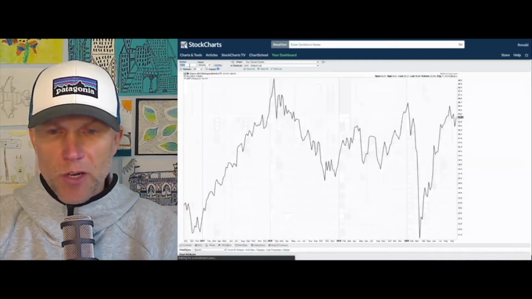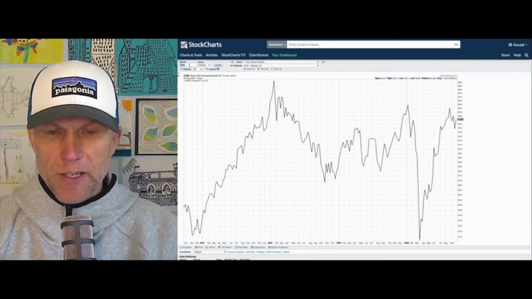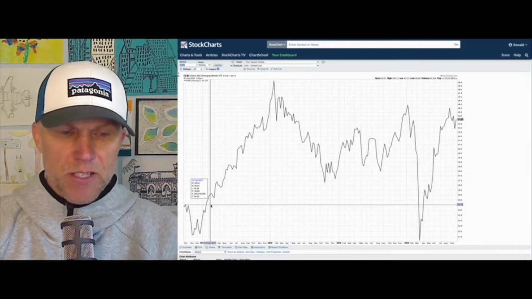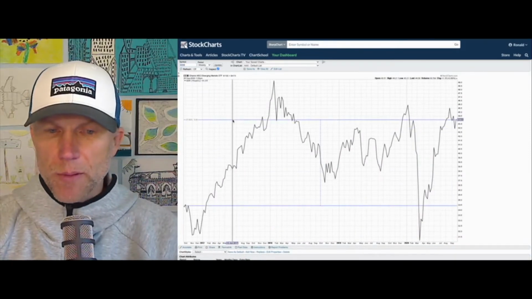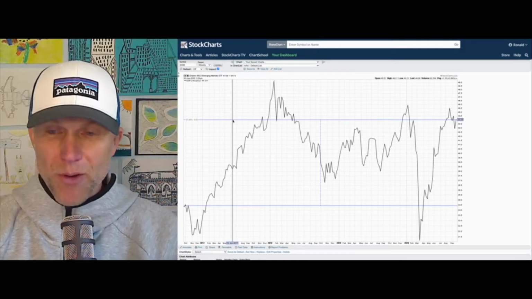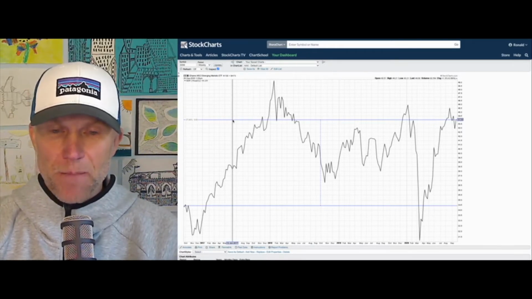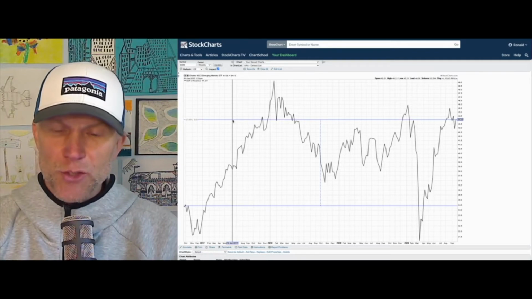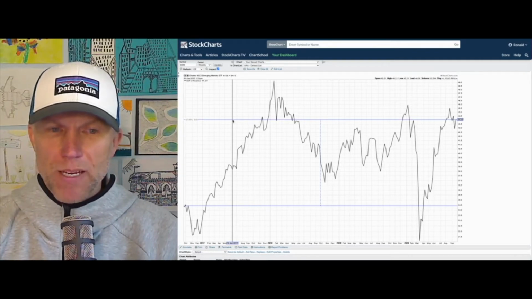Now here's emerging markets over the same 4-year period. Doesn't look as nice, but still it's up. Let's just see what it's up. Emerging markets is up about 28%. Okay, maybe it's getting close to a third, but amazing.